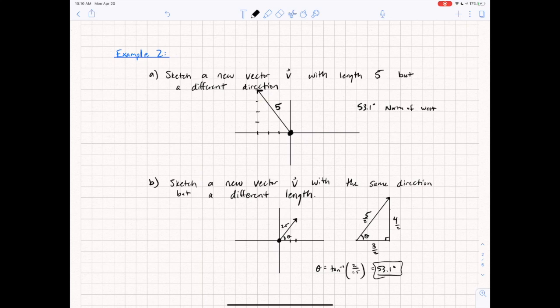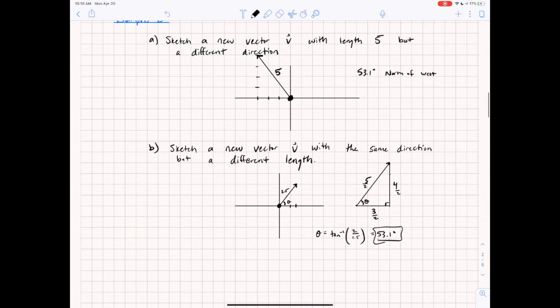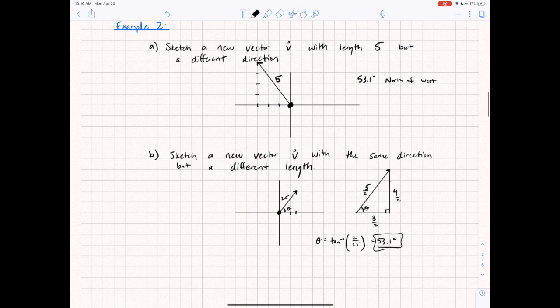One thing I was highlighting in this example is that vectors aren't necessarily unique. If I say that a vector has length 5 and direction 53 degrees north of east, you could really put that vector anywhere you wanted.